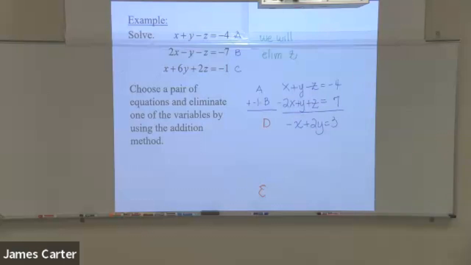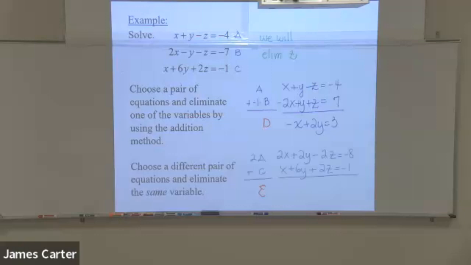Now, the next thing we're going to do is repeat this process, except we're going to use two different equations. We can't use A and B again. We can do A and C, or we can do B and C. But we just can't use A and B again. So in this case, I'm going to choose A and C. Now, with the C equation, I brought down just like it was.